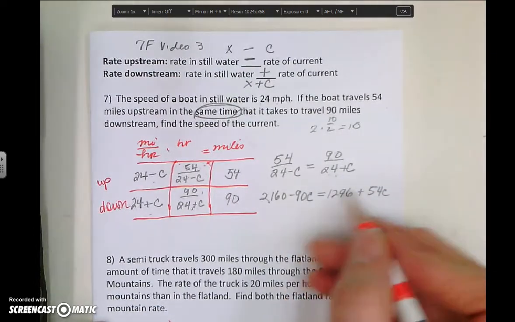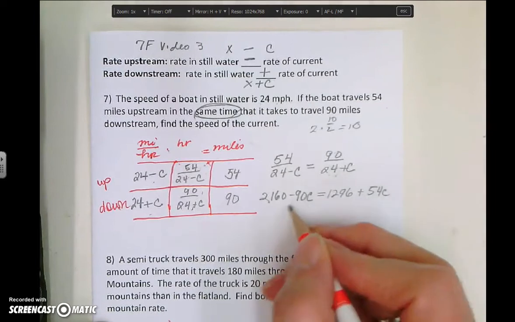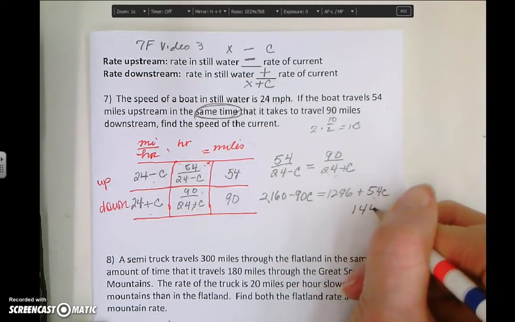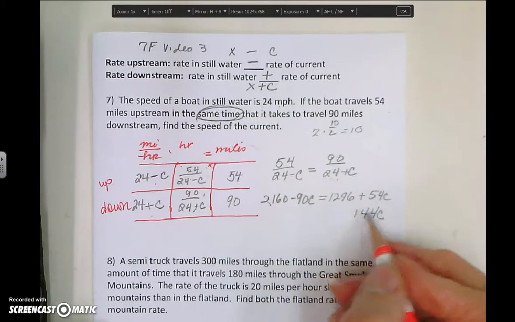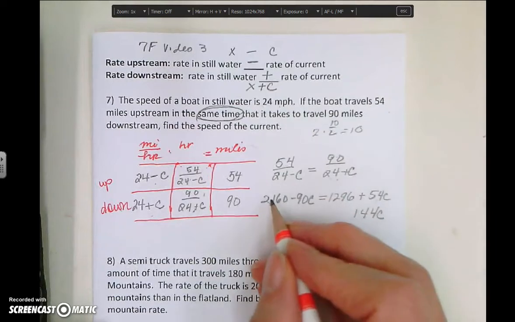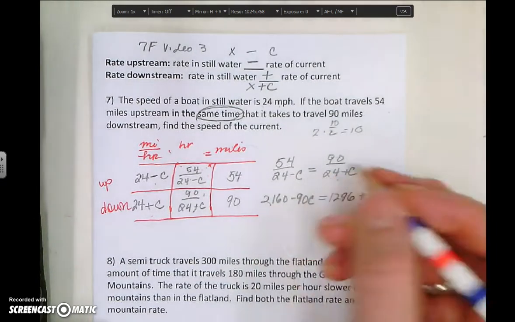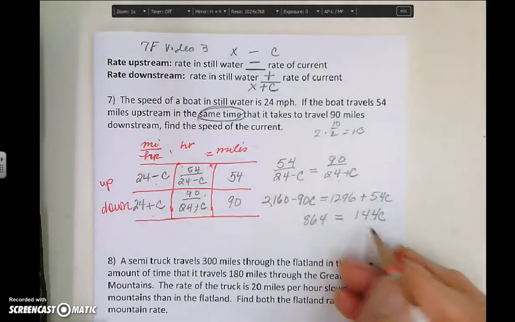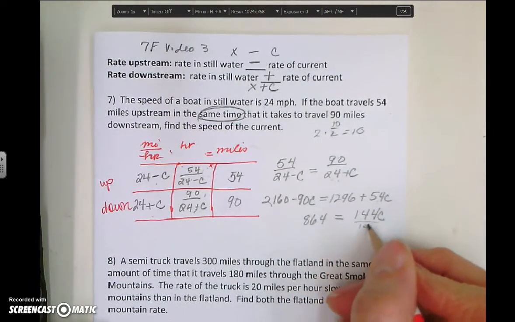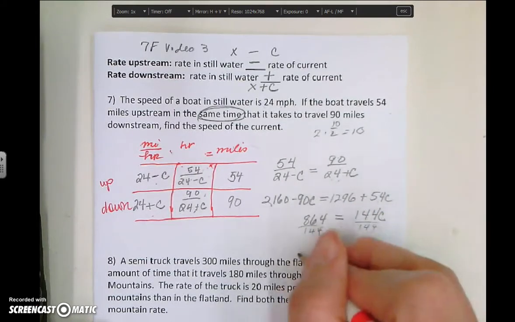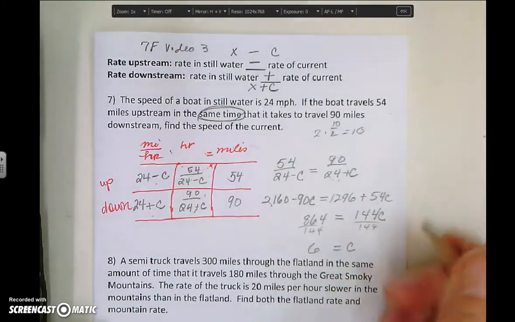So then I need to combine my c's together, so I'm going to add the 90c to both sides and get 144c. So add that over here and then subtract 1296, and that's going to give me 864 when I subtract it. Then I'm going to finish up by dividing both sides by 144, and that is going to come out to be 6 is equal to c.